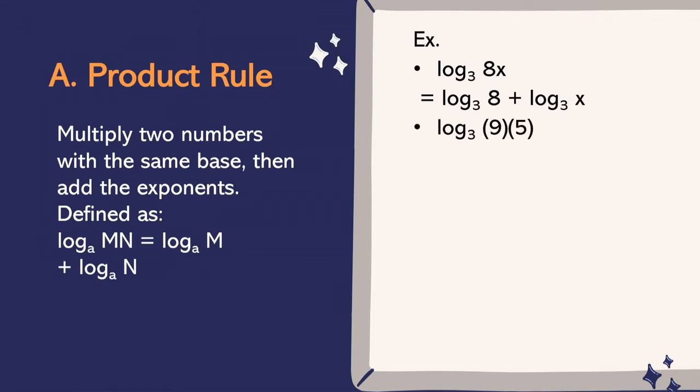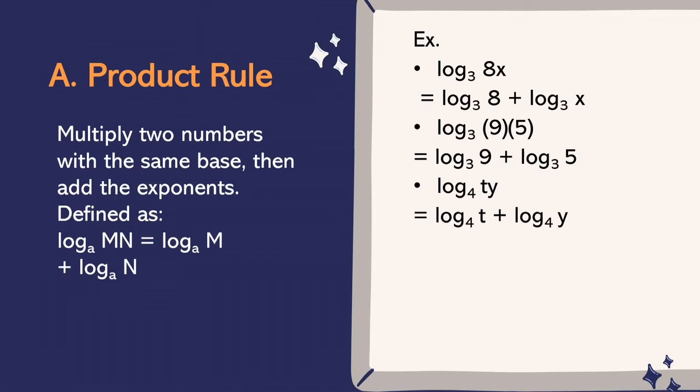Next, we have the logarithm of 9 times 5 to the base of 3 is equal to the logarithm of 9 to the base of 3 plus the logarithm of 5 to the base of 3. The logarithm of dy to the base of 4 will be equal to the logarithm of d to the base of 4 plus the logarithm of y to the base of 4.